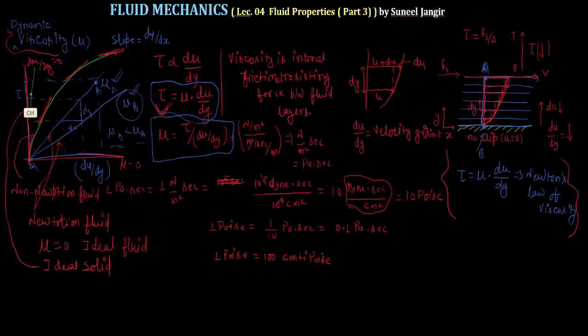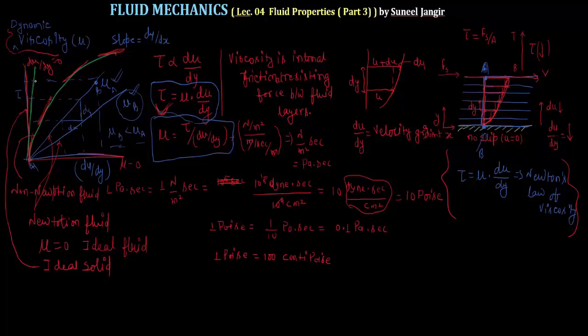Sorry, the line is not going to be straight, so I'm drawing the line like that, almost like that. There is a deviation between the ideal solid and the real solid.